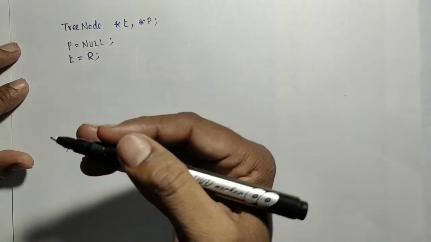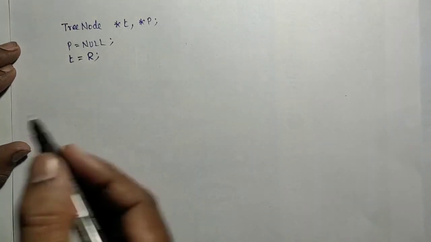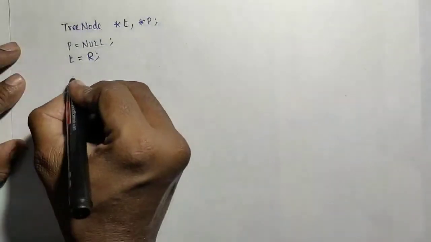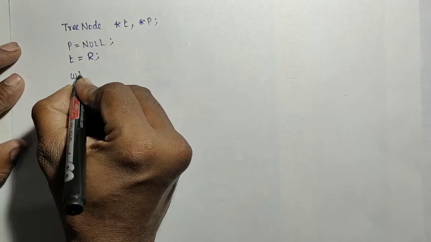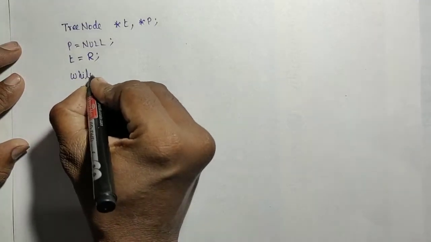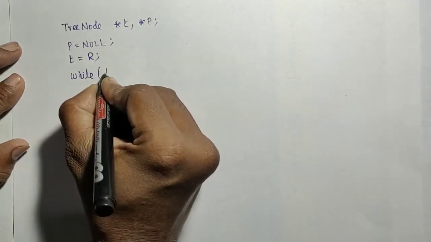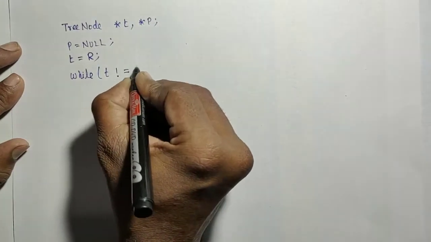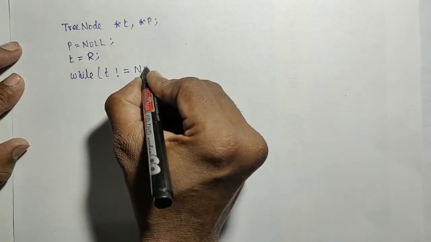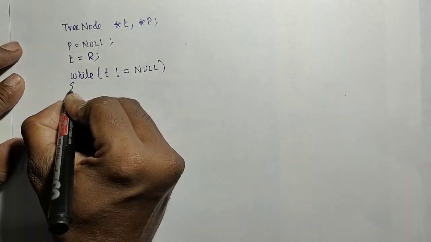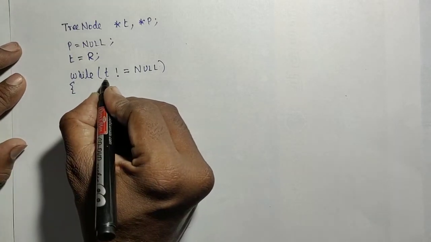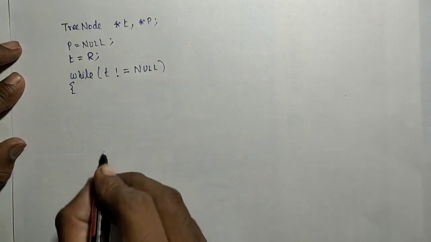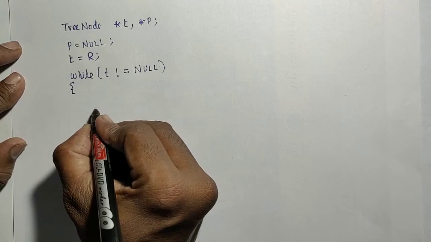Increment here means move the t downwards, either left side or right side. While t is not equal to null, we have to terminate the loop when t equals null. So here I have to move the t to the left side or right side, depending on the data.